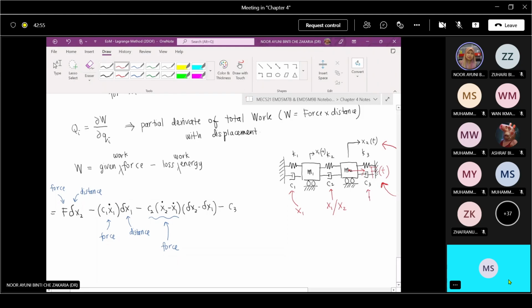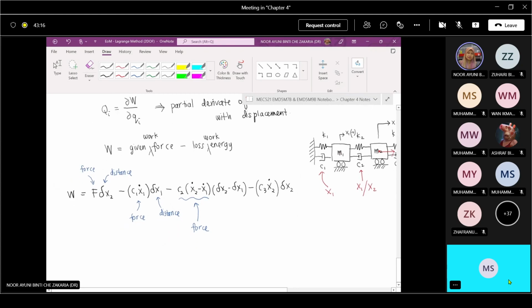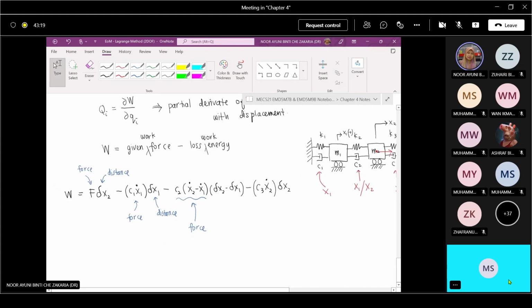C3 is only affecting x2. So you have x2 dot, and the distance to make it work is the change to x2. So this is the total force. Sorry, total work.